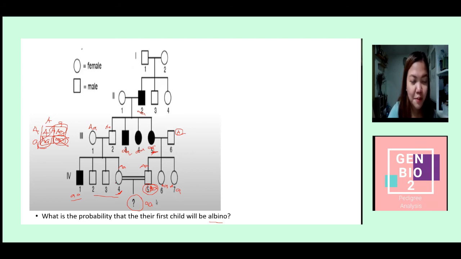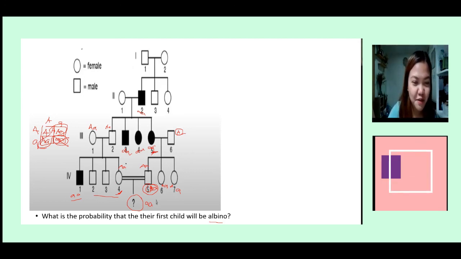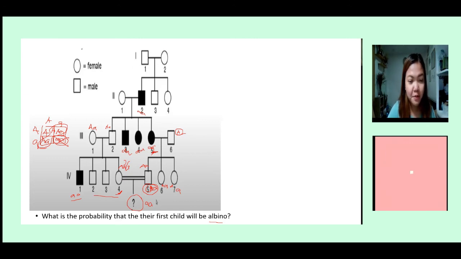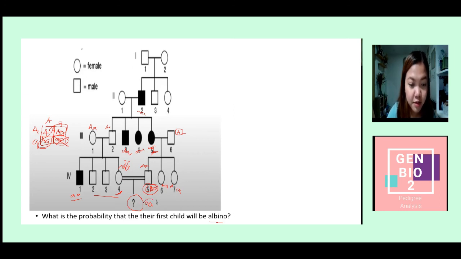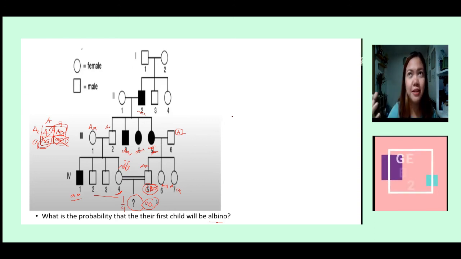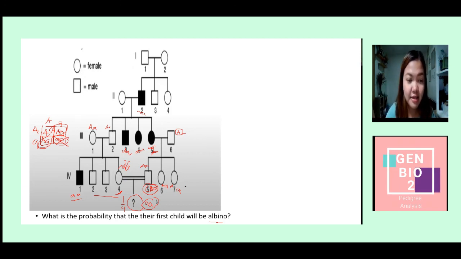So the probability of this individual na maging hetero is 2/3. And kailangan niya maging hetero para malaman mo yung probability ng first child nila na maging albino. So, para magkaroon ka ng albino na child, pinag-cross mo silang dalawa, hetero, that is 1/4. And we know naman, probability of individual events, apply the law of multiplication.